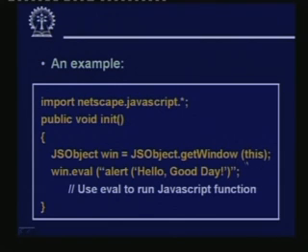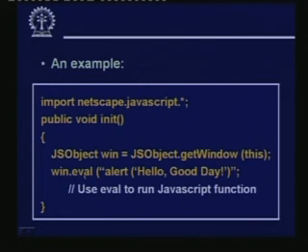So, the current window is treated as an object and is returned in win, and I can invoke a method called eval on this object. Within quotes in the parameter, we have actually specified JavaScript code.